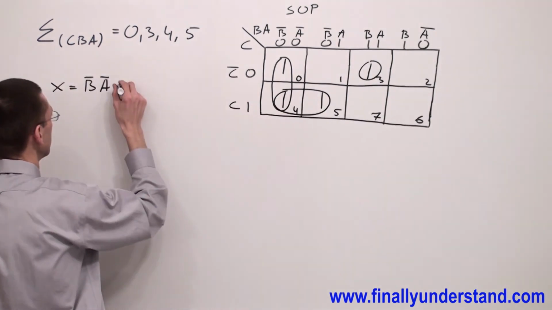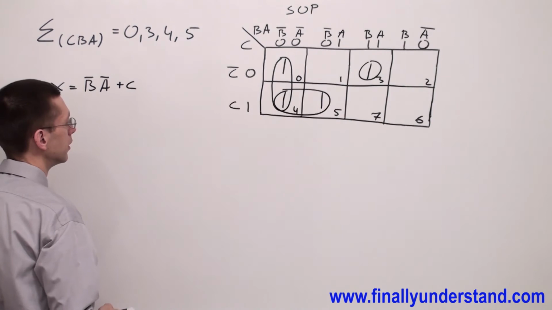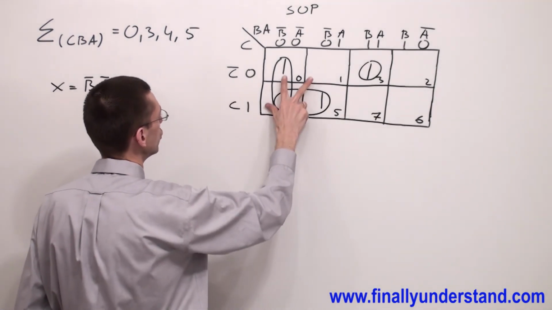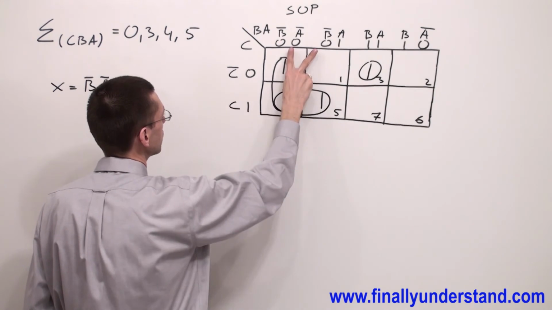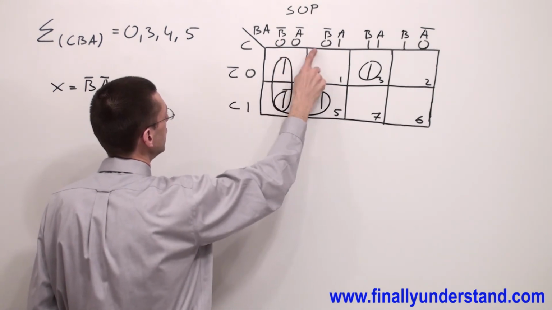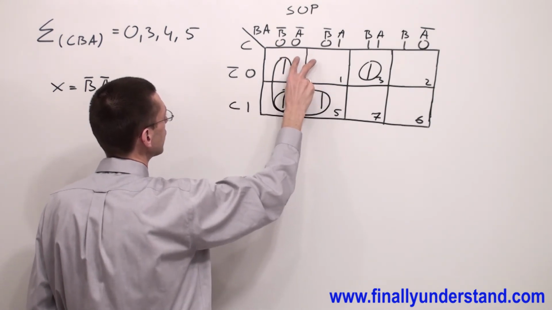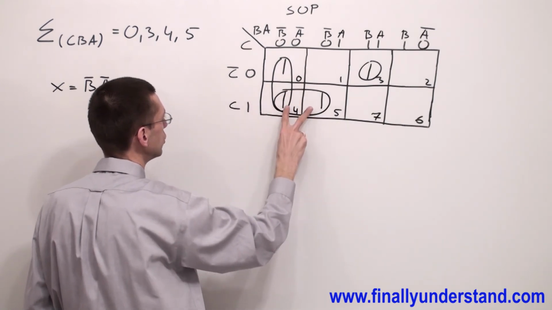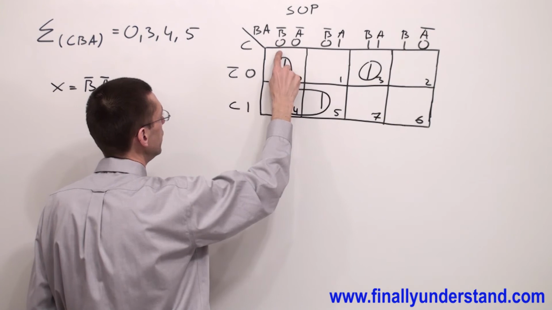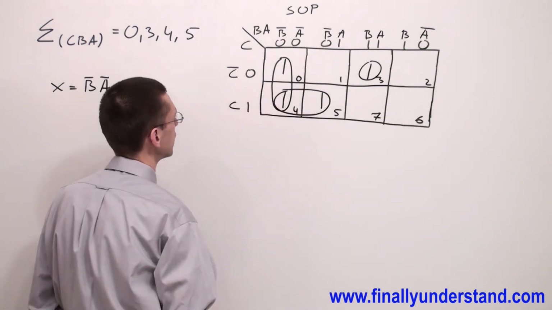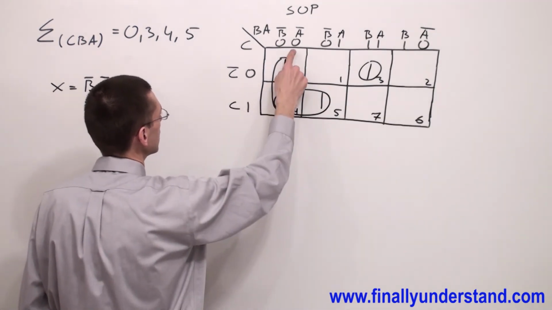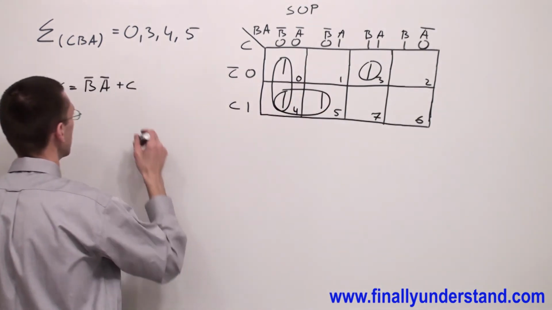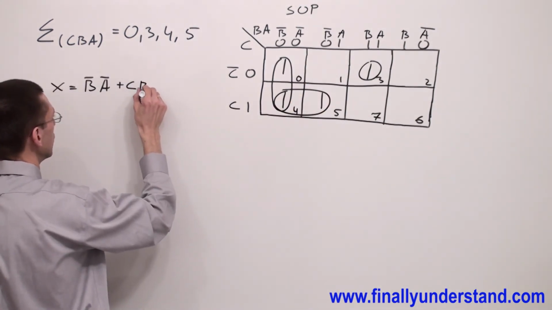So I have plus C. And the common variable for these 2 columns is B naught. Why I'm looking at these 2 columns? Because my group is placed in 2 columns. So if B naught and B naught is the common variable. We said complements we will always ignore. That's why I'm going to write over here B naught.